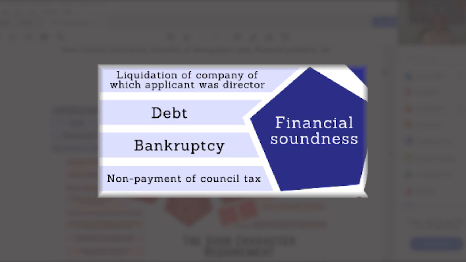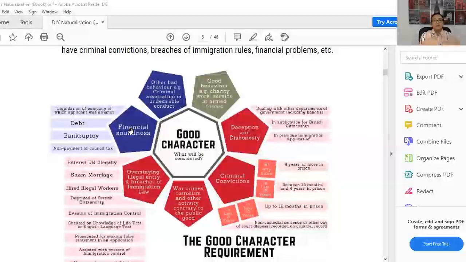But to give you an example, just because you have county court judgments against you that you need to pay, let's say rent arrears or whatever debts that you have, does not mean that you will automatically get refused.